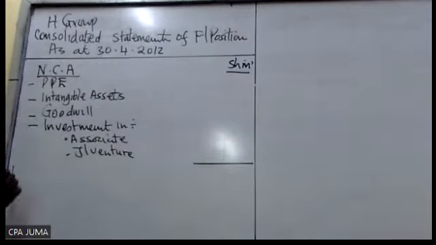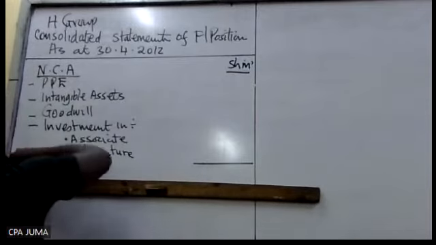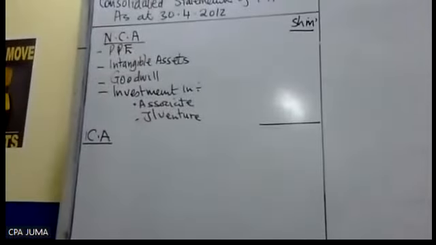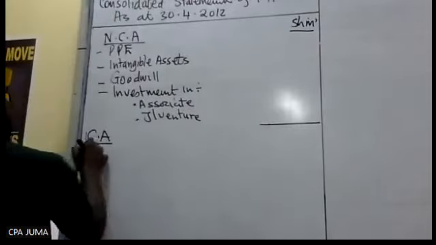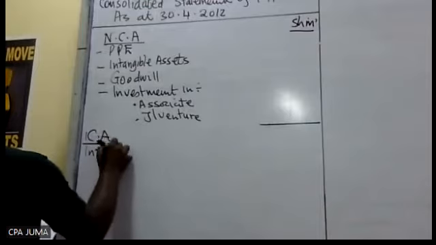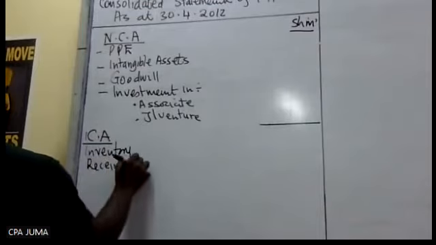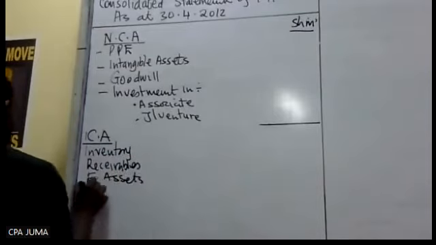Then current assets. We have inventory, receivables, financial assets, cash and bank.